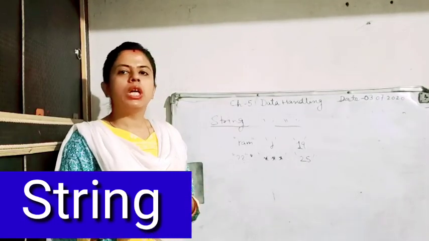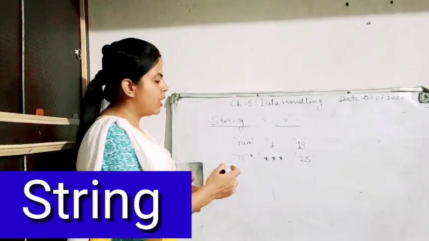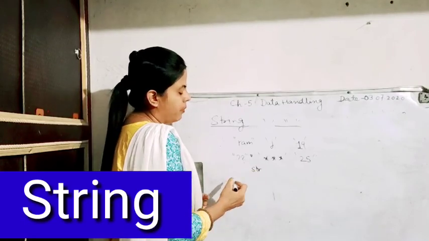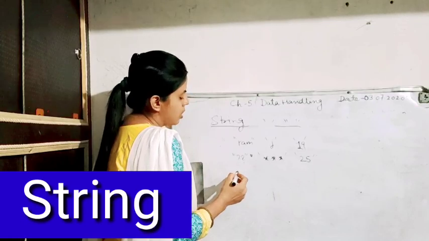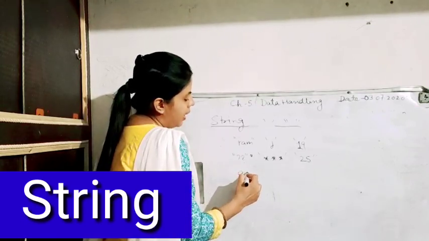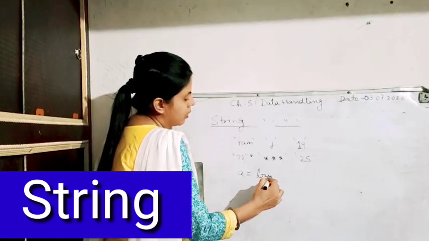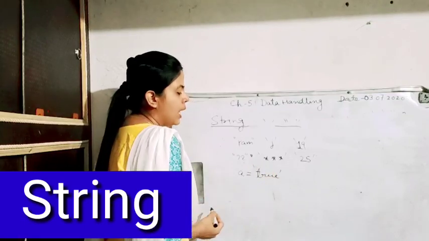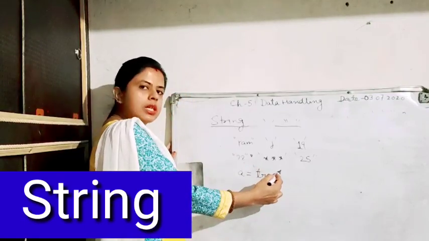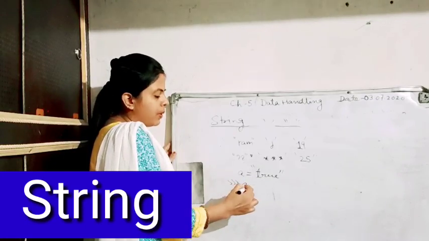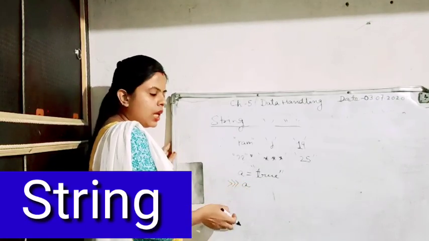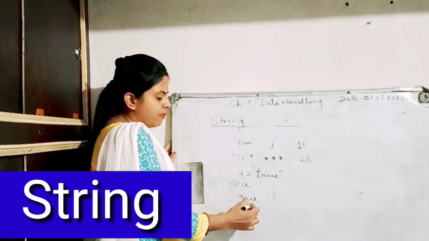Or if you want to convert anything into a string, we will be using the str function. For example, suppose you have written here a is equal to True, and if you write in the prompt print a, or only a, it will give you the answer as True.